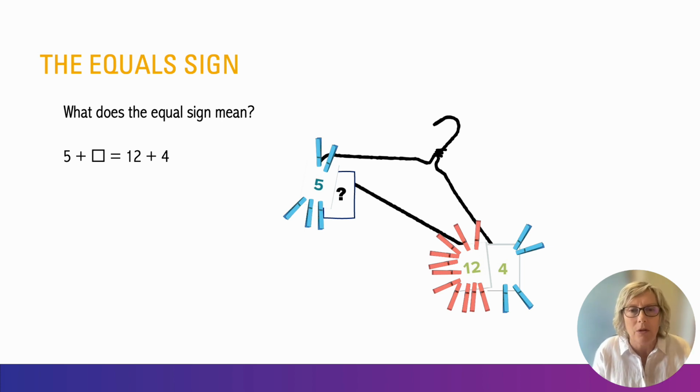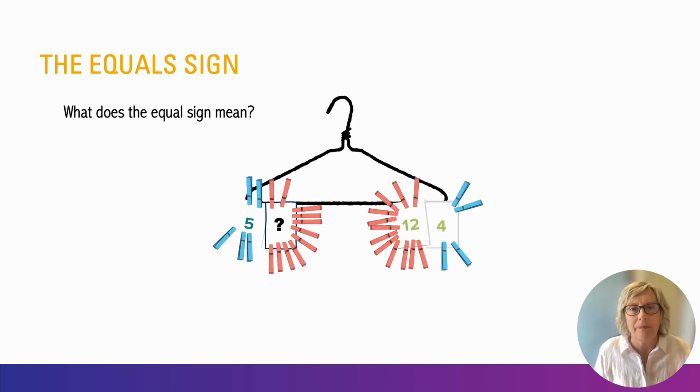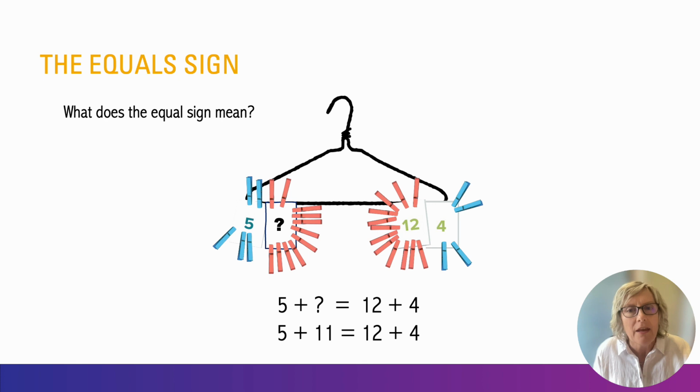It's unequal. So what do we need to add to the left-hand side to make both sides equal? Students should make a conjecture about the unknown value and then test, or they could simply add pegs until balanced. Either way, they will see that to make the equation balanced, the unknown must be 11.